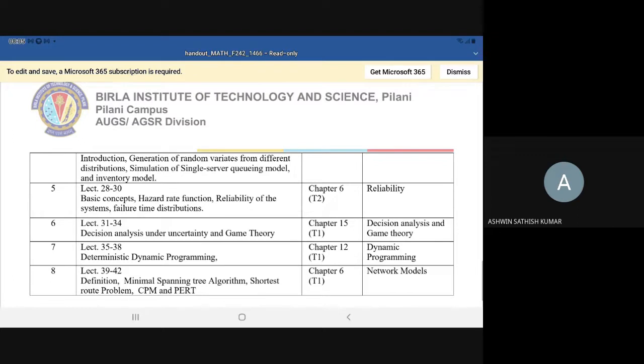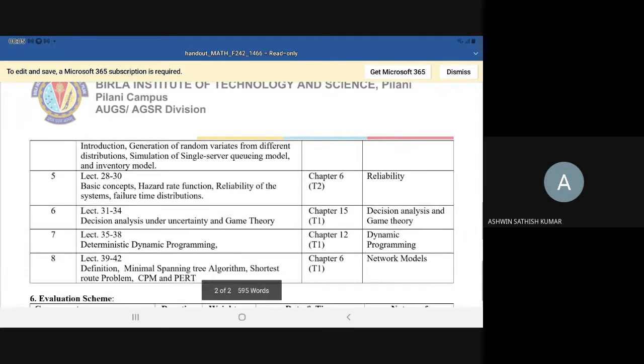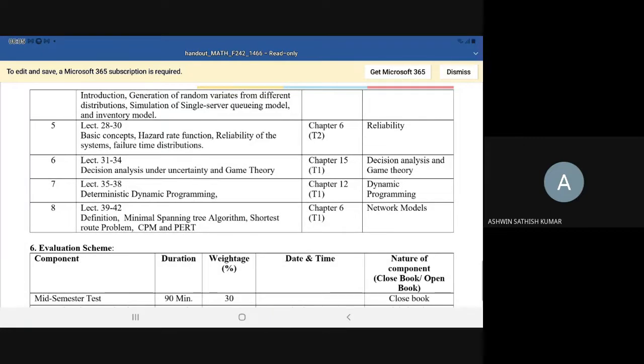Thereafter, we have game theory. In game theory, both the opponents want to win. So how can we do the mathematical modeling of the game? Thereafter, we have dynamic programming, which is a slight extension of linear programming, and you can solve other kinds of problems also.